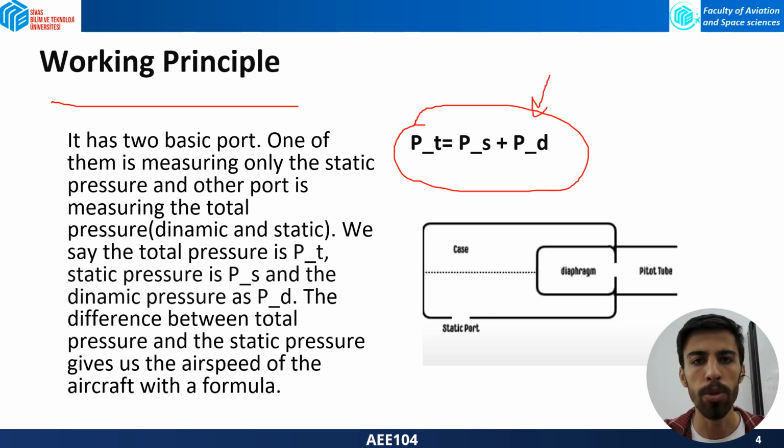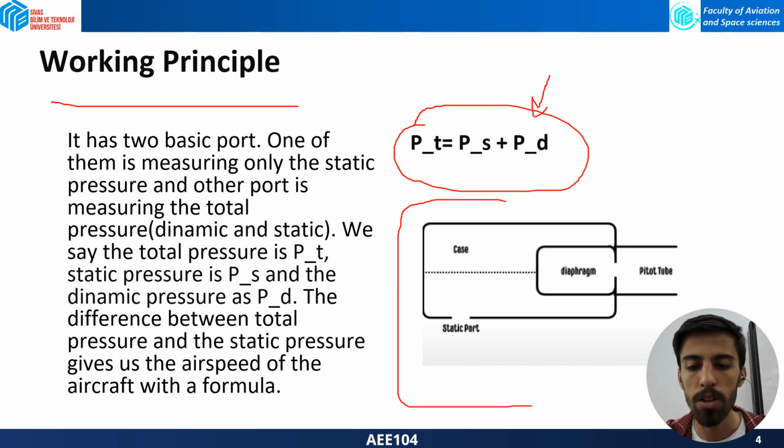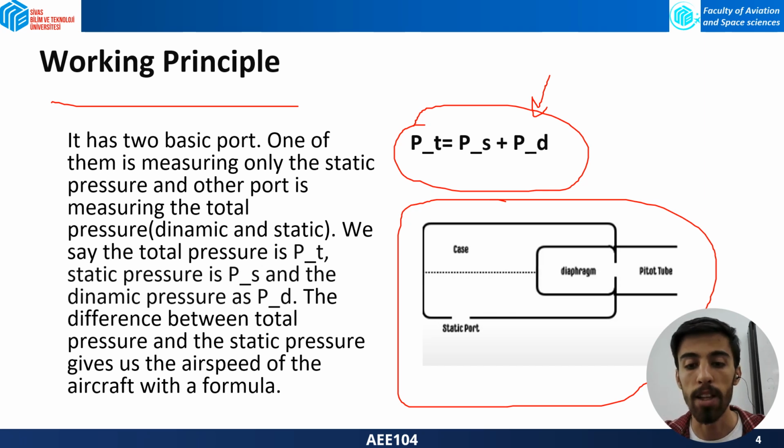The first port of the PITOT tube only measures the static pressure. This is a very good example that we can understand better. This is the pitot tube, and we can say that this diaphragm measures the total pressure, and this whole thing measures the static pressure, and this is the static port.